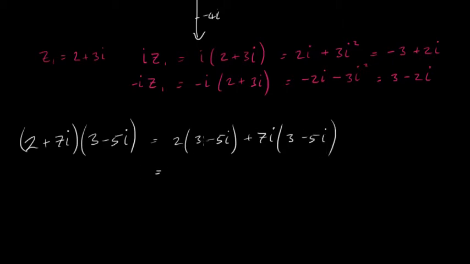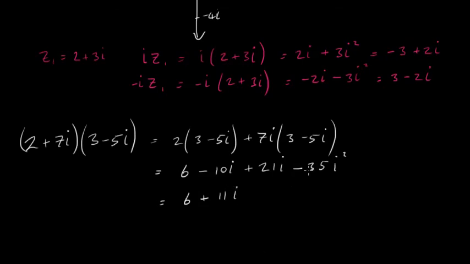So when you do that, you get 2 3s are 6, minus 10i, plus 3 7s 21i here, and then plus times minus is minus, 5 7s 35, and then i times i, i squared. So what you end up with here is 6 minus 10i plus 21i, that gives me plus 11i.